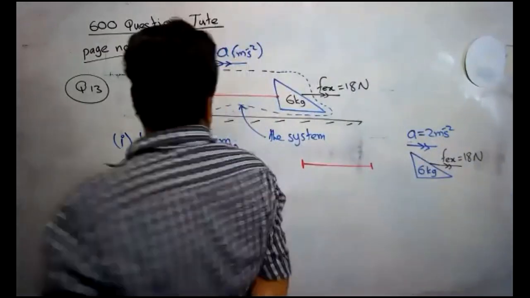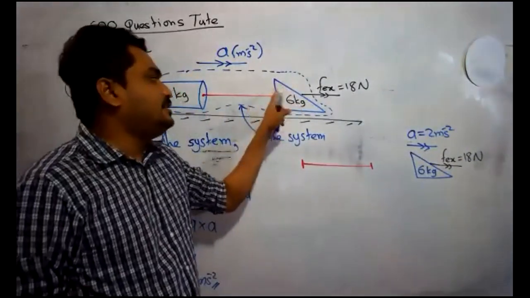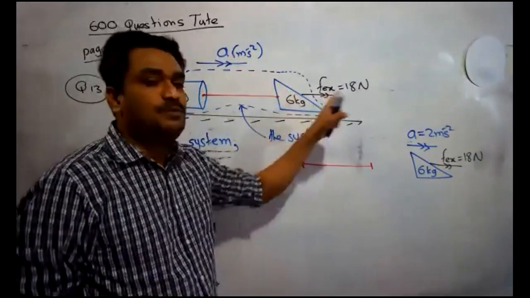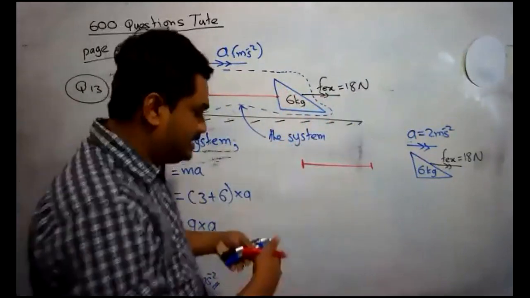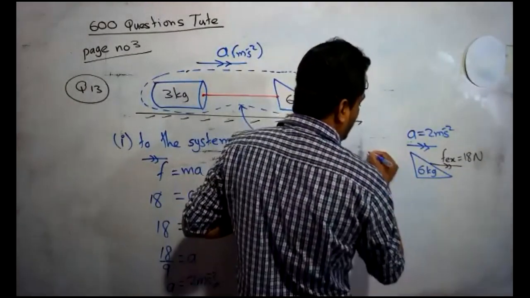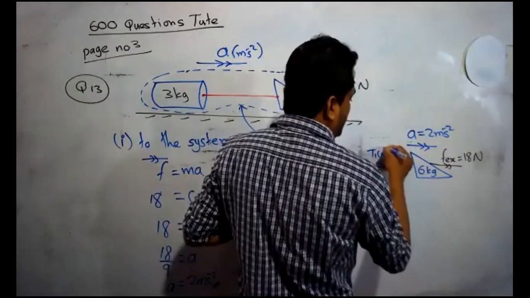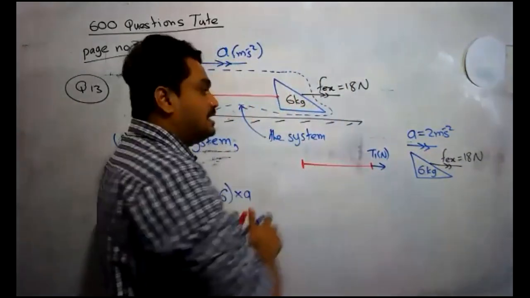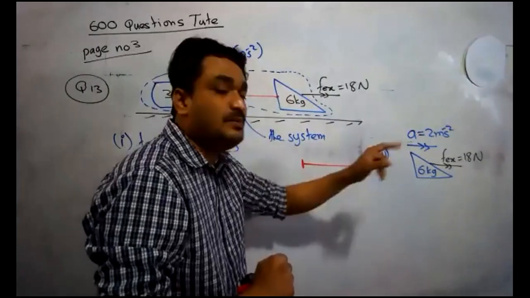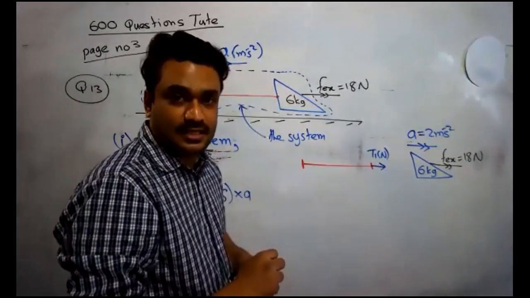The first reason is the 6 kg object and string are connected. When the 6 kg object is moving to the right hand side, the 6 kg object gives a force of T1 Newton to the string. The string is moved due to this T1 force. This T1 force is given by the 6 kg object.